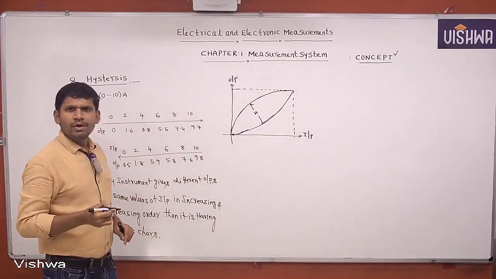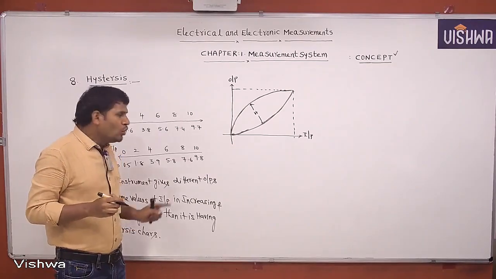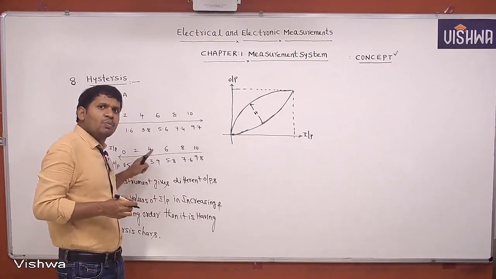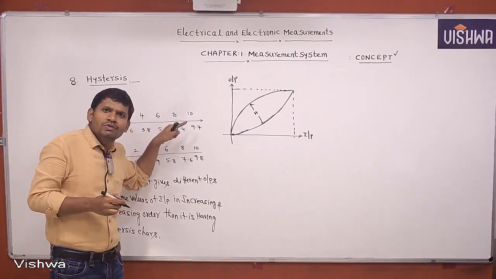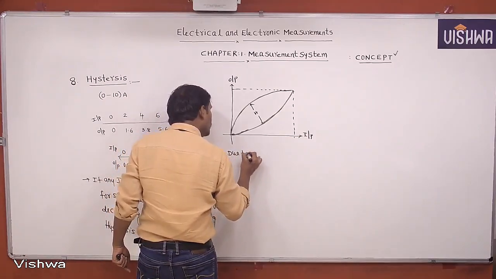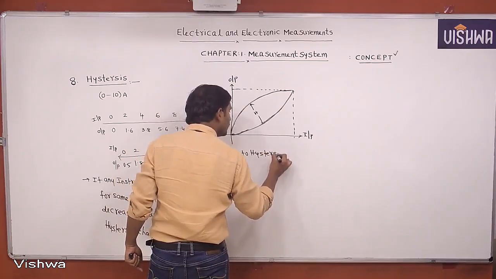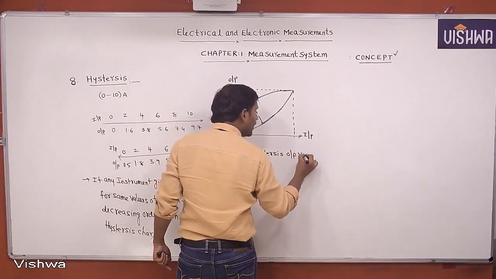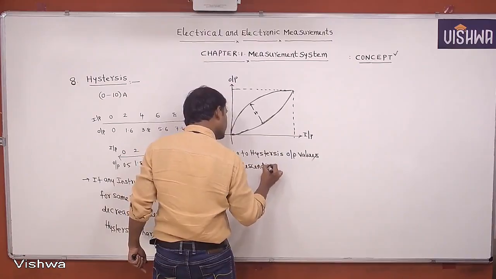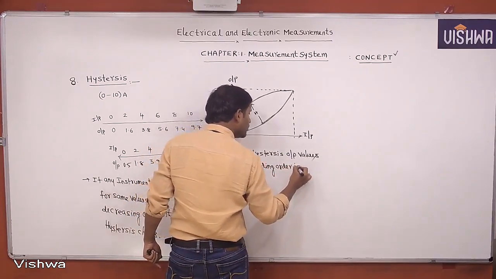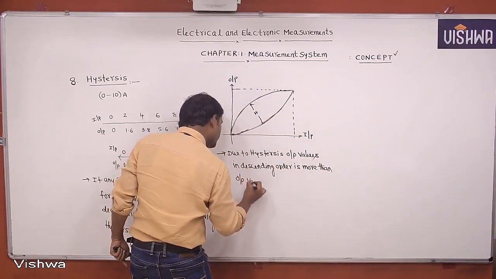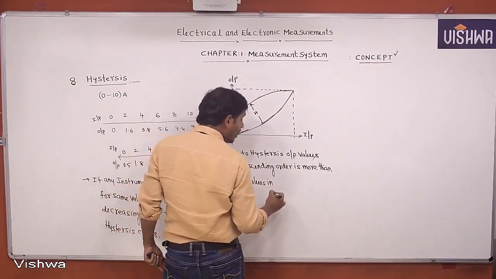Point to remember: due to hysteresis, the output values in descending order, that is decreasing order, are more than the output values in ascending order.